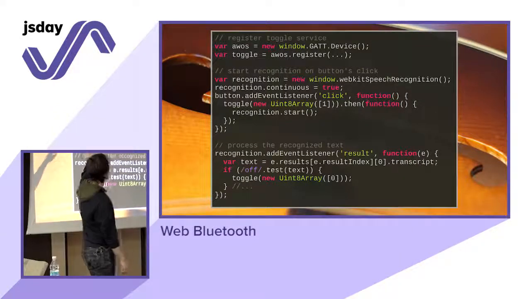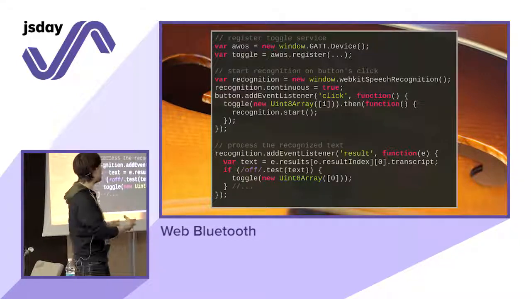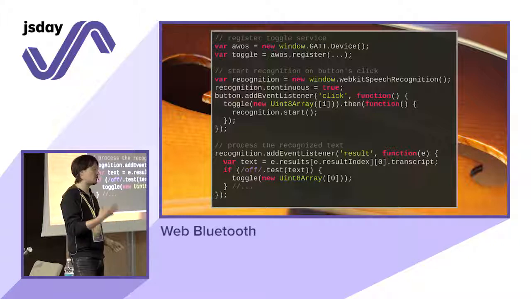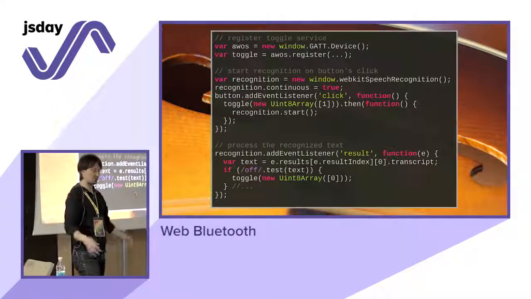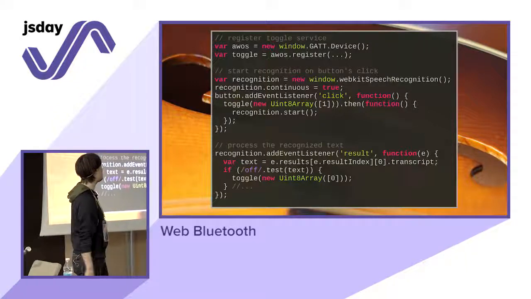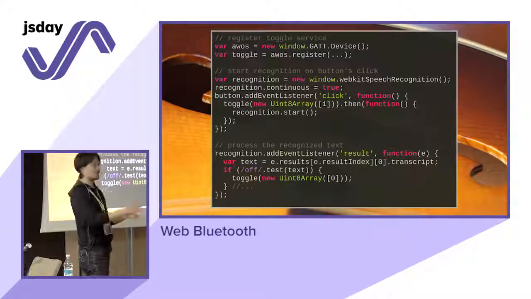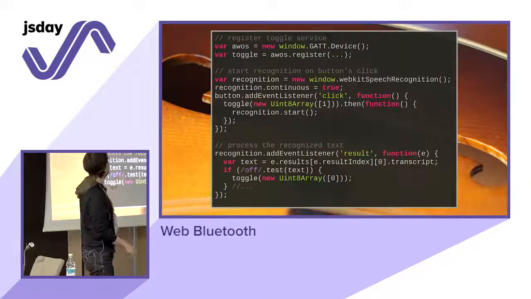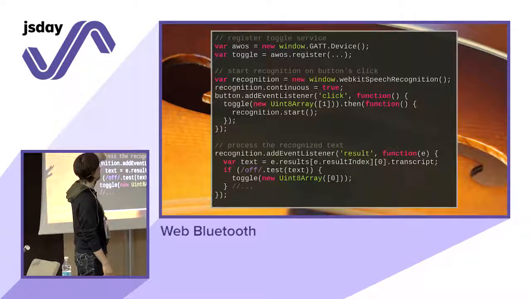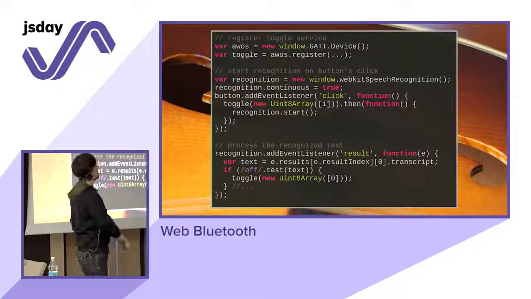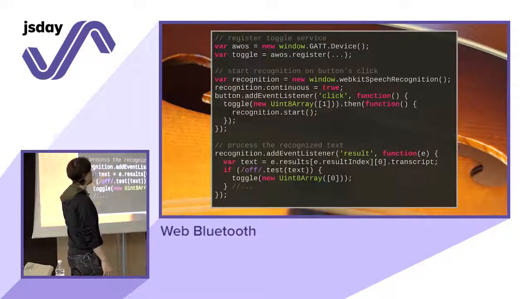The interesting bit is the continuous flag, because you want the service to notify you as soon as a chunk is ready. You don't want to wait for the whole phrase to be translated. Then you listen to the start experiment button. When it is clicked, we invoke the toggle function to turn on the light so we start in a consistent state, and then we start the recognition.